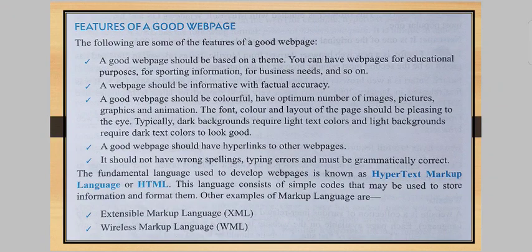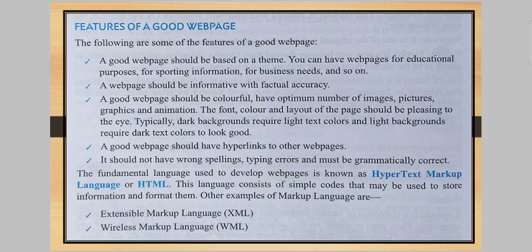So first, a good web page should be based on a theme. You can have web pages for educational purposes, for sporting information, for business needs, and so on. A web page should be informative with factual accuracy. A good web page should be colorful, have an optimum number of images, pictures, graphics, and animation. The font, color, and the layout of the page should be pleasing to the eye.